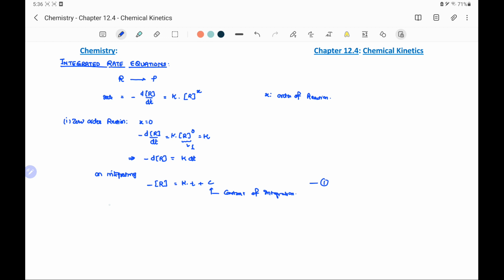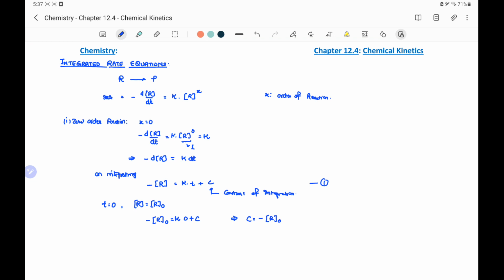Now, taking the initial condition that at time t equal to 0, the concentration of the reactant is R0, and substituting the value in equation 1, we will have minus R0 equal to K into 0 plus C. This implies that C is equal to minus R0.